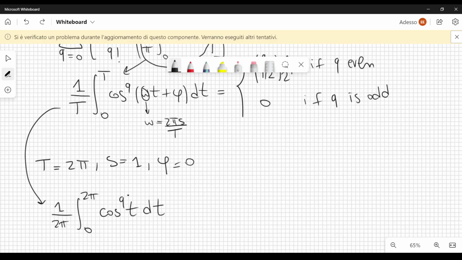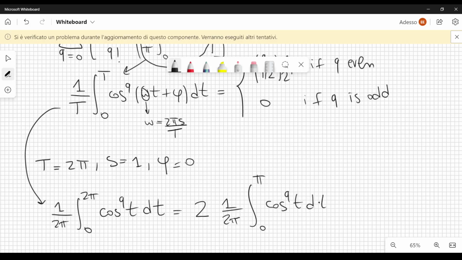If q is even, you can easily understand that this integral from 0 to 2 pi will be twice the integral from 0 to pi, because cosine of t to the power q, with q even, will be a non-negative quantity.